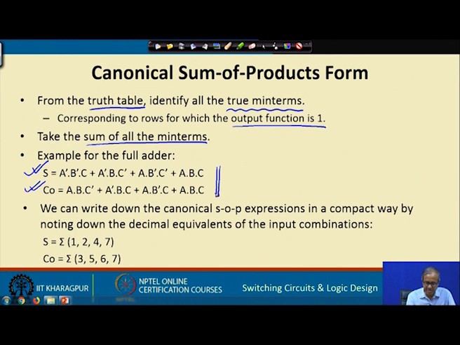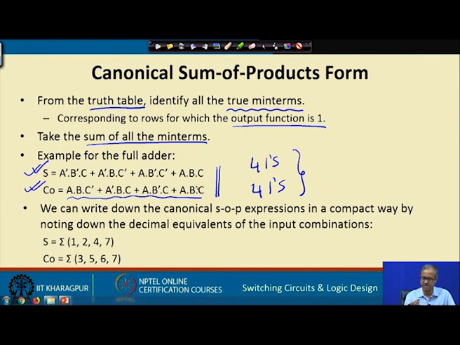I mentioned that this carry function can be minimized, but here we are not minimizing. From the truth table we have seen that there are 4 ones in the sum and there are 4 ones in the carry. So, if I list out all the 4 like this, it will obviously be a unique representation. There are only 4, it is not 3 or 5.